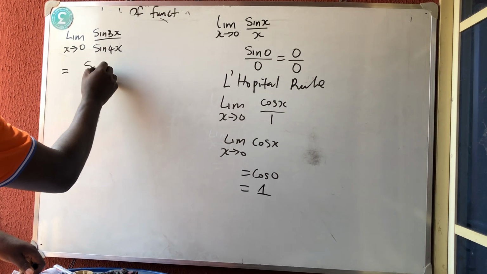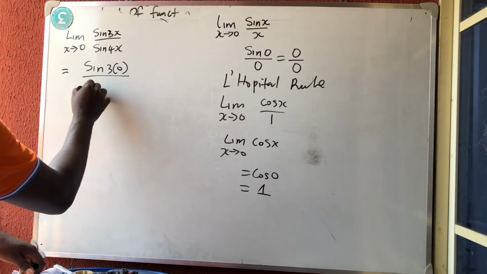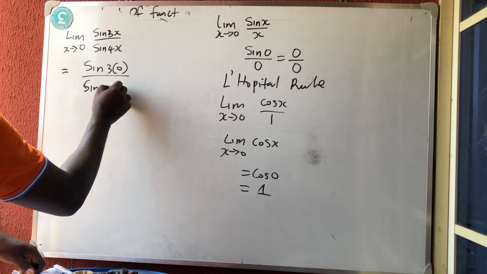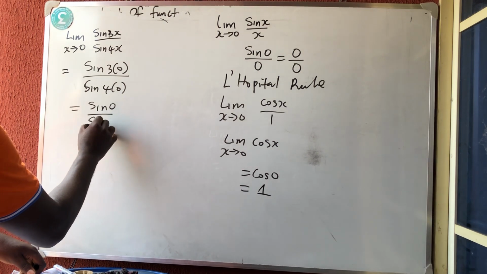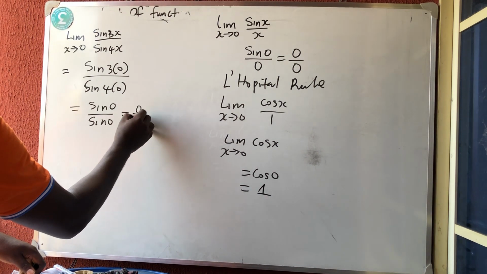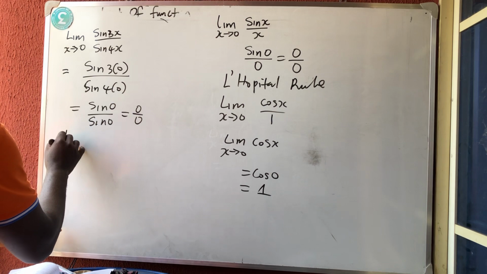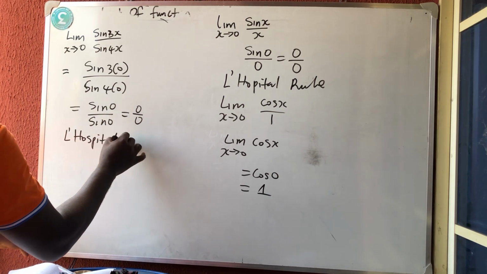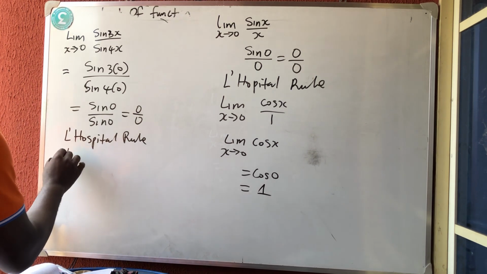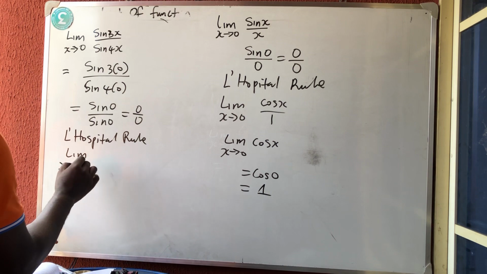I'm having sine 3 bracket 0 all over sine 4 bracket 0, which is sine 0 over sine 0, which is 0 over 0. So it doesn't work. So we are going to apply L'Hospital's theorem.